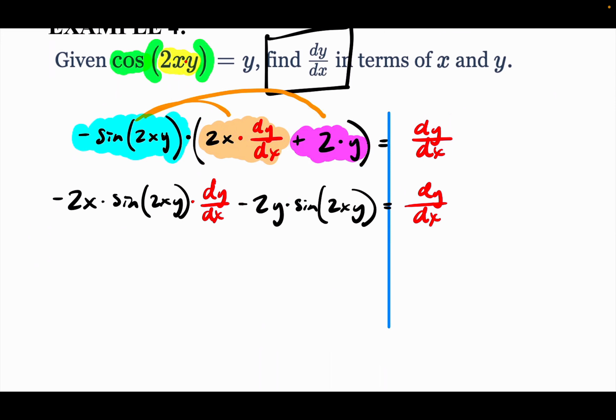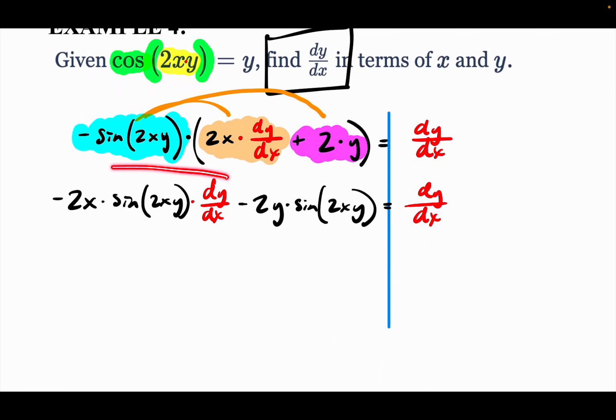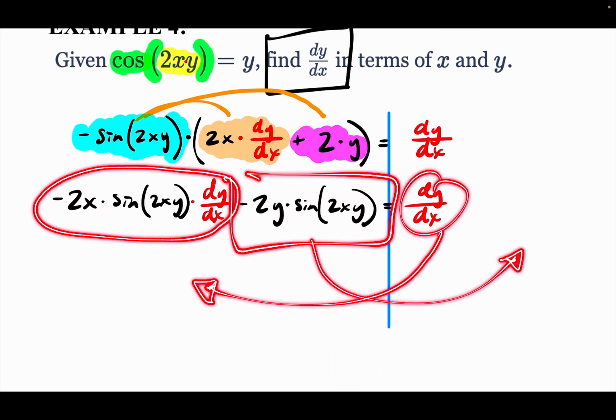So this is what I'm going to do. I need to get the dy dx's on the same side. So you can move this guy over here, or I can move this guy over here. But then if I do that, I got to move this guy over there.